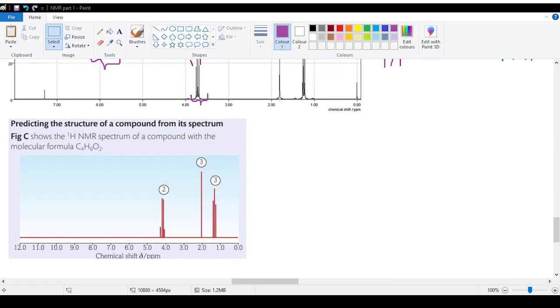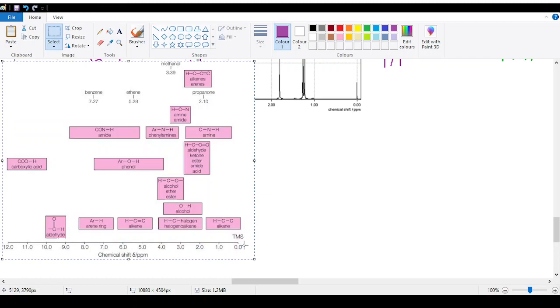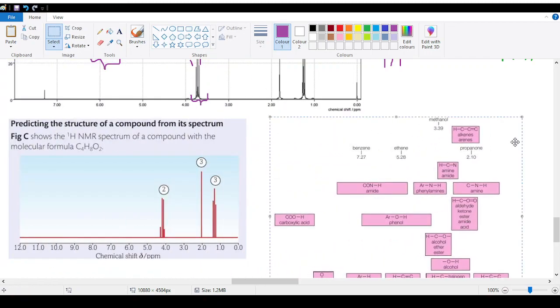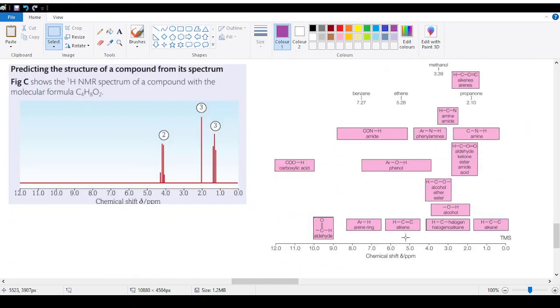We're going to have to use this pattern to try to predict the compound. They've given us the molecular formula, which is C4H8O2. So let's try to discuss.